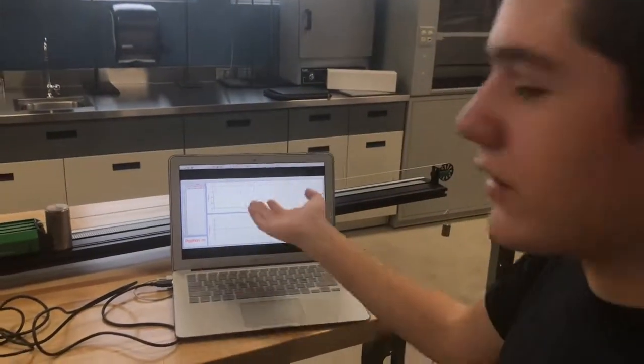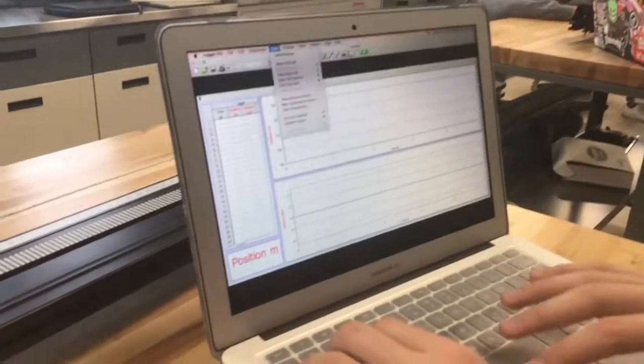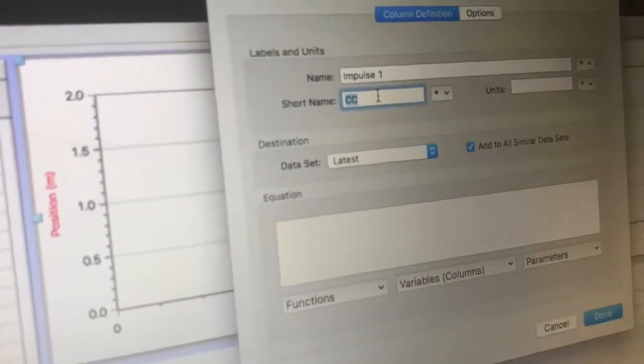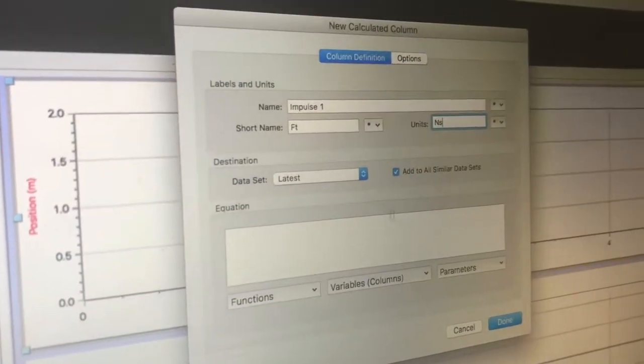Okay, so this is how we're gonna set up the computer. So we go into Logger Pro, and then first we go into data and new calculated column. For this one, we're gonna call it Impulse 1. This is gonna be FT. The unit is gonna be Newton seconds.